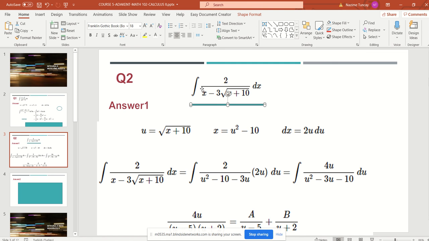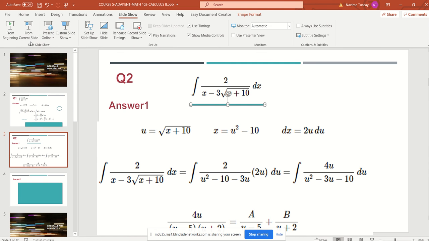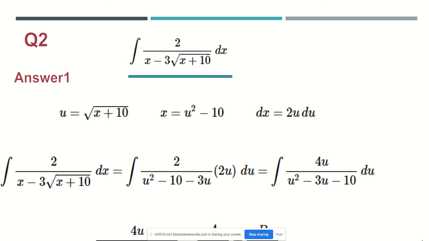We had one x here at this part, and we don't want this x, so we are going to write u square minus 10.